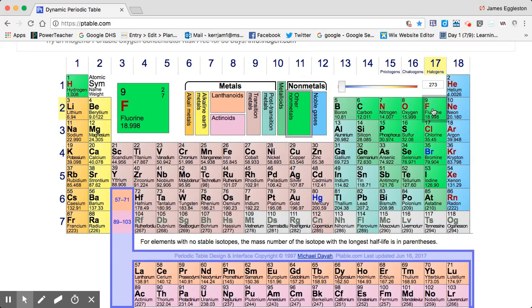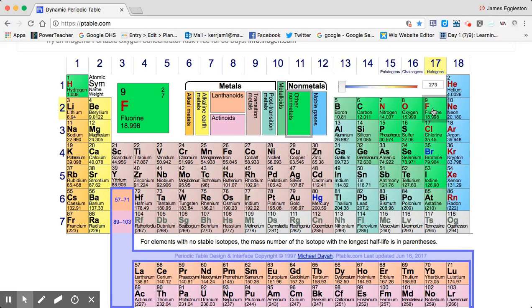Well, fluorine is very unstable because fluorine with its 7 electrons in its outer shell is seeking to find that extra electron. Now, where can it find an extra electron? Perhaps it could take an electron from lithium or sodium or potassium or even hydrogen. And if it did so, then it would feel as though it had the configuration of its next door neighbor, which is a noble gas, neon.